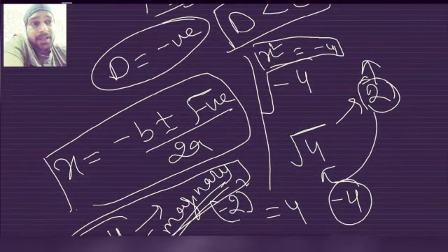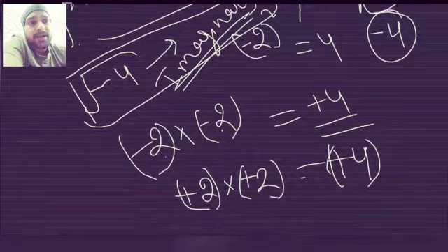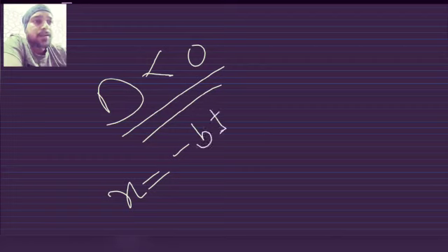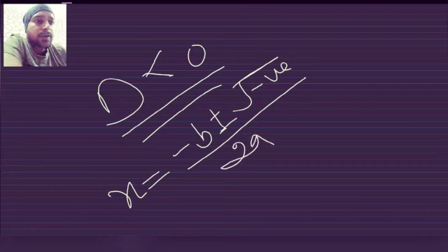So here in this situation, when the discriminant is less than 0, x is equal to minus b plus minus under root of a negative number upon 2a. Is it clear?